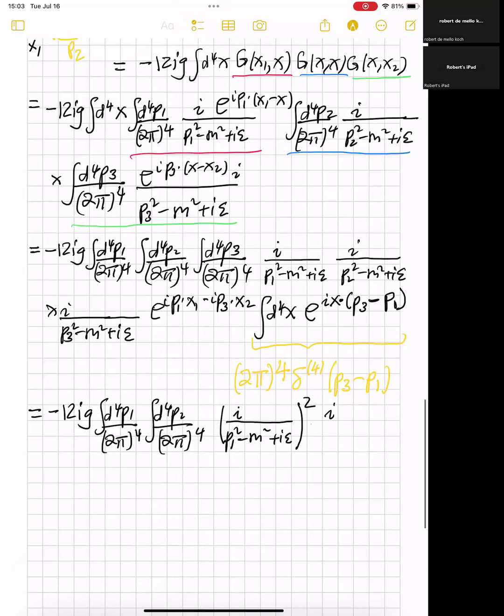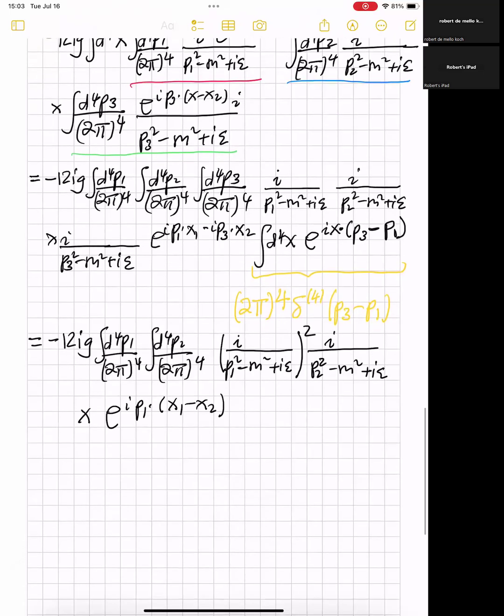We've still got i over p2 squared minus m squared plus i epsilon, and then it is multiplied by e to the i p1 dot x1 minus x2. Good, and we've done the integral over x. We will keep going with this in a moment.